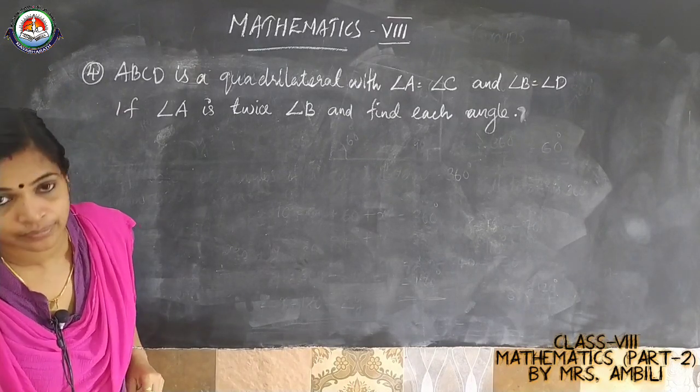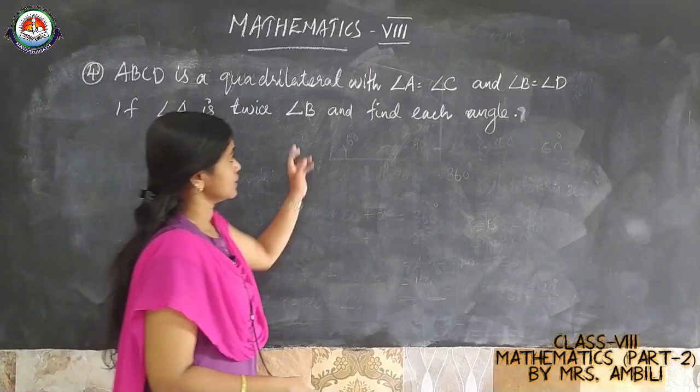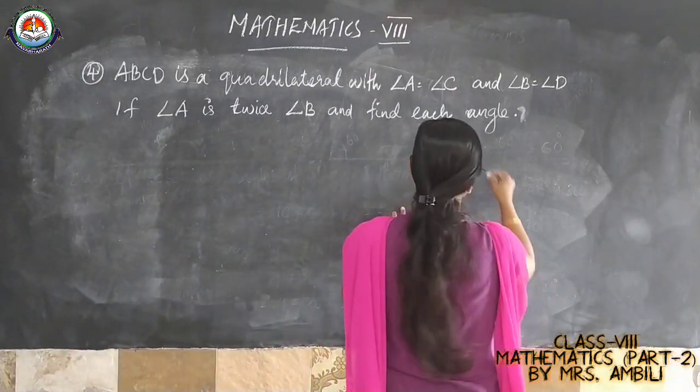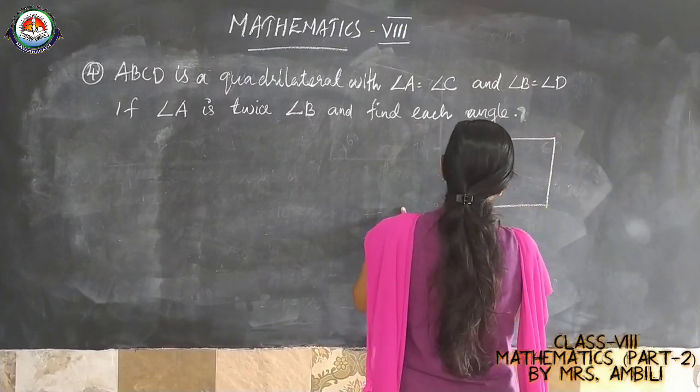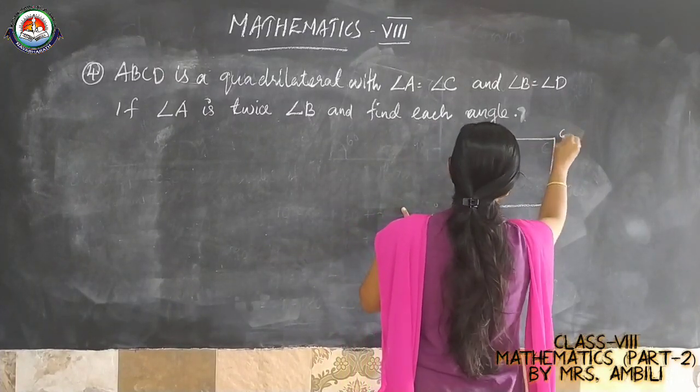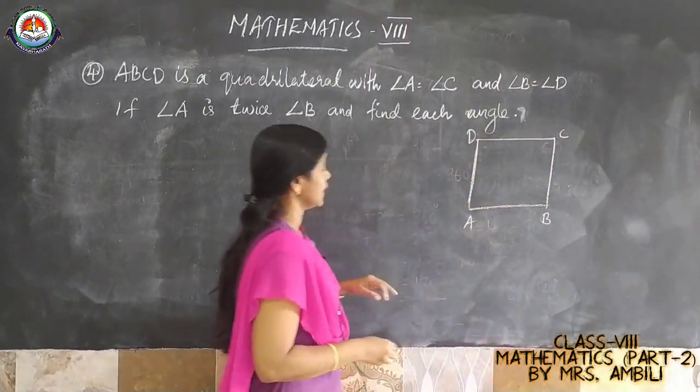We can draw one figure. So, for that we can draw one quadrilateral. We can name it as ABCD. What is given?